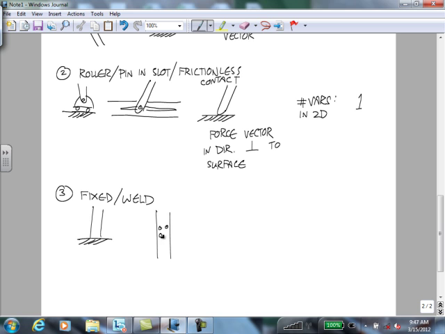So in problems, these will appear like you'll have a member like that connected by a cable, or you'll have 2 members connected by this little piece here that, a lot of times, the weight is negligible compared to the rest of the forces in the problem.